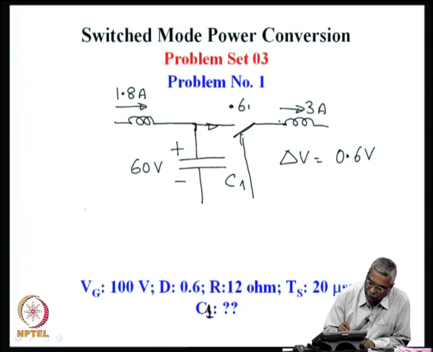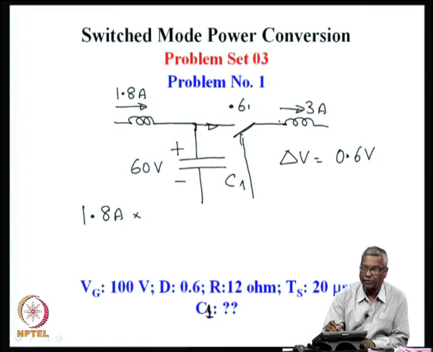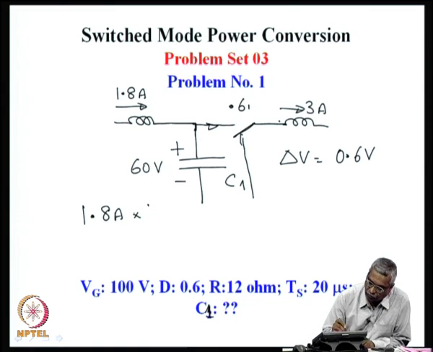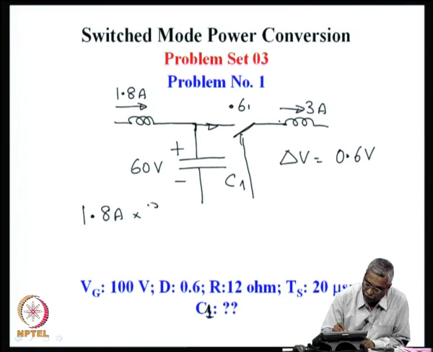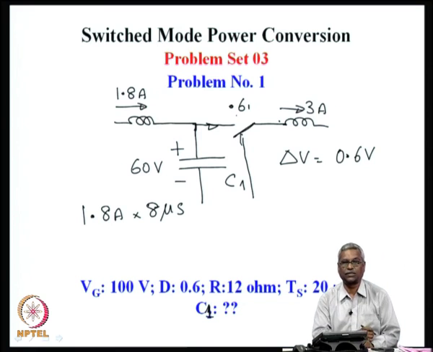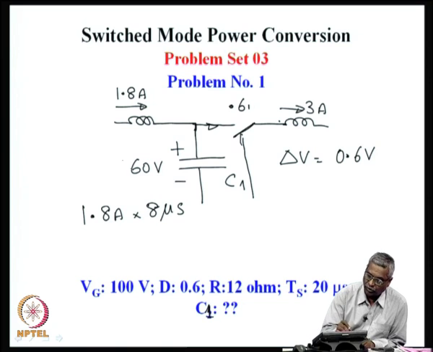So, the charge going into C1 is 1.8 amperes multiplied by the off time. Off time is 0.4 into 20 microsecond, which is 8 microsecond. On time is 0.6 into 20 microsecond. So, the amount of charge going into the capacitor is 1.8 into 8 microsecond.